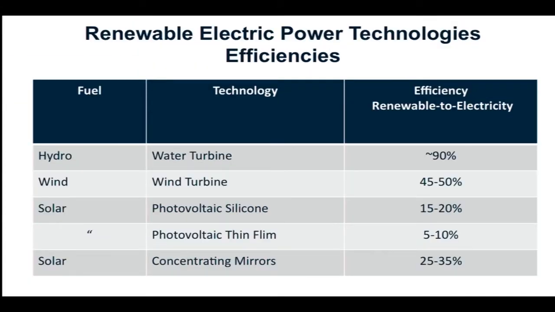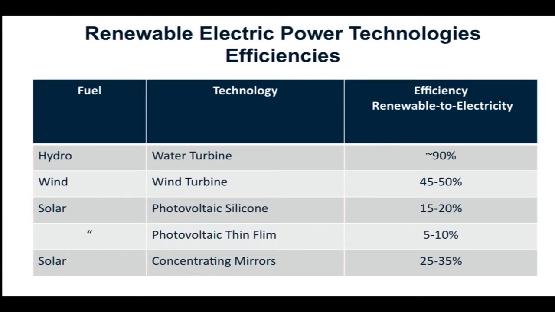And going on for the renewable power plant technologies, hydro actually converts about 90% of the energy in the water that is behind the dam due to the height of the dam. The water at the lower part of the dam is under high pressure, and that moves through a water turbine and spins the shaft and produces electricity.